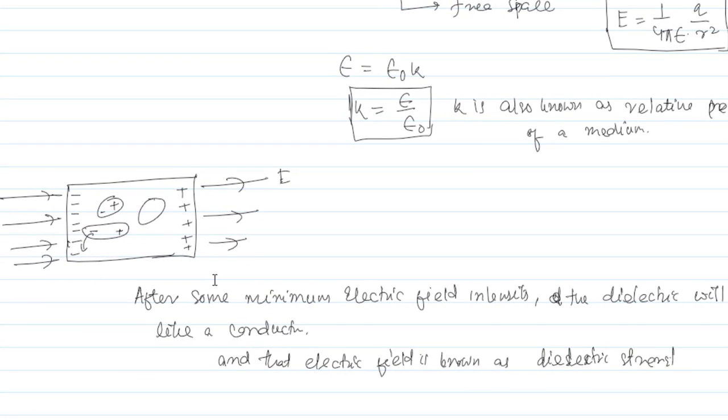When this happens, this state is known as breakdown of the dielectric, or dielectric breakdown. That means at a certain electric field, the electrons that were bound to the atoms will get ejected out of the atom, and they will be available in the dielectric as free electrons, and hence they can conduct electricity.